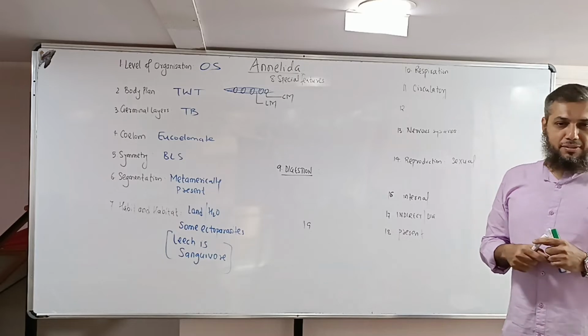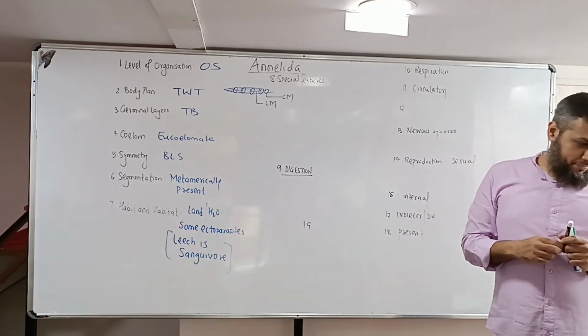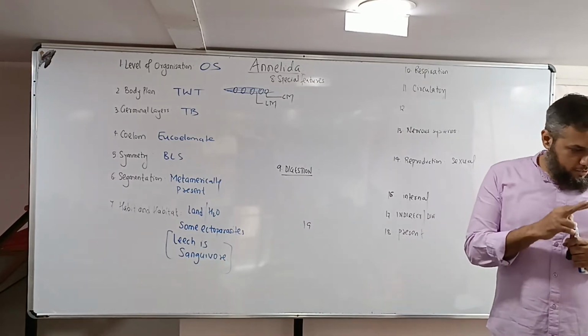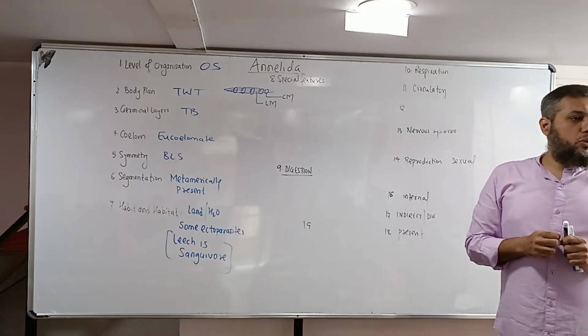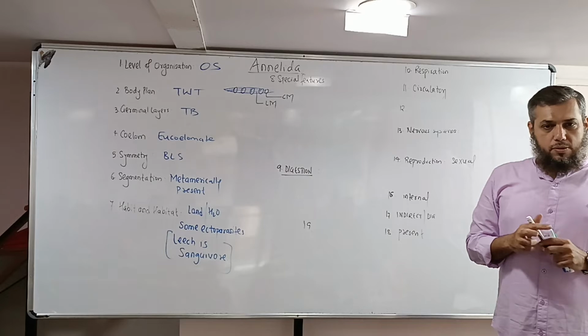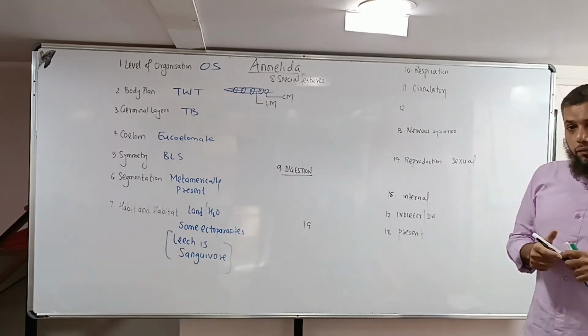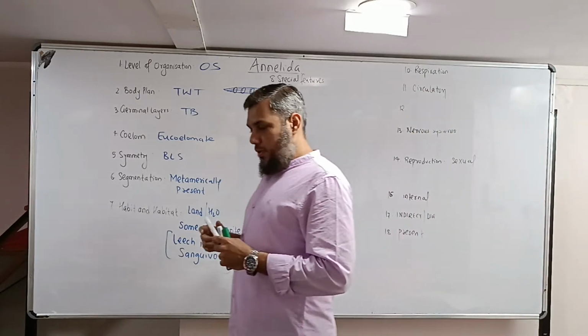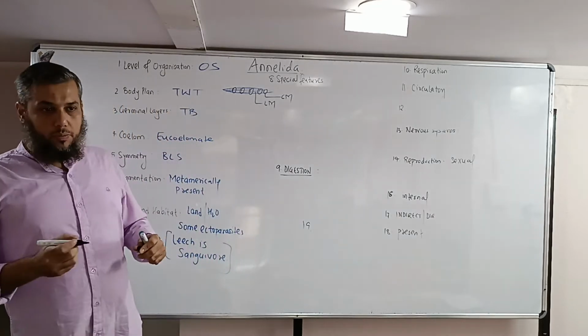Okay, you came at the right time. So how many types of muscles did you get? Two. What are they? Longitudinal muscles and circular muscles. They show the presence of specialized organs which they can use for locomotion.